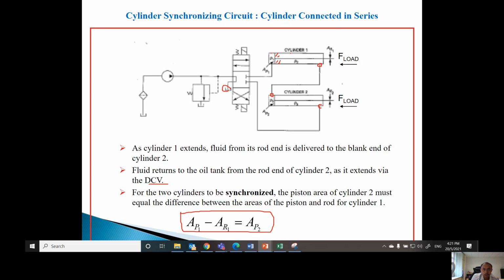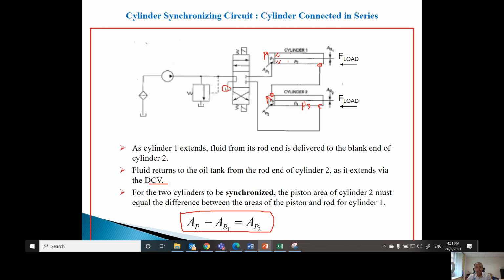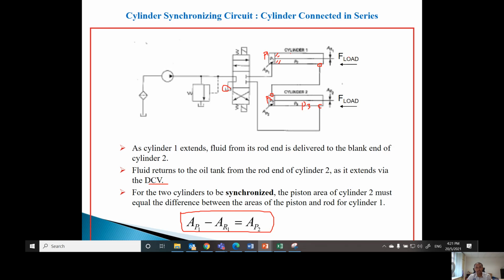It's quite blurry here, but this is P1, this is P2, this is P3, the pressures: pressure 1, pressure 2, pressure 3.